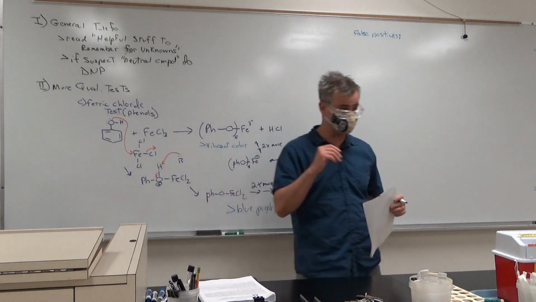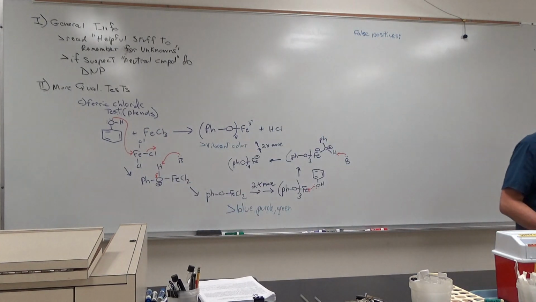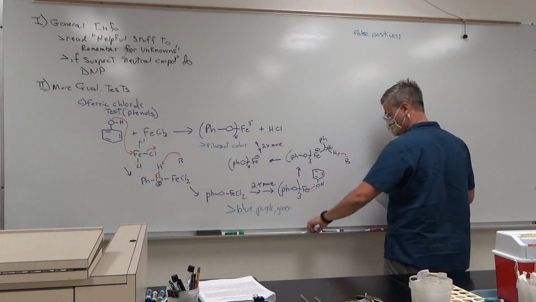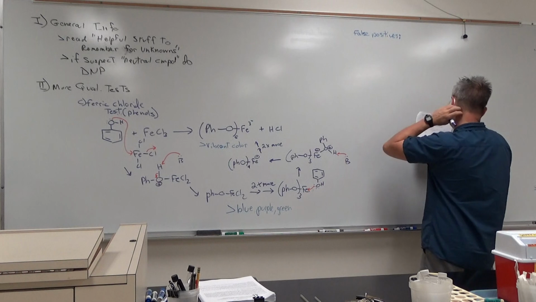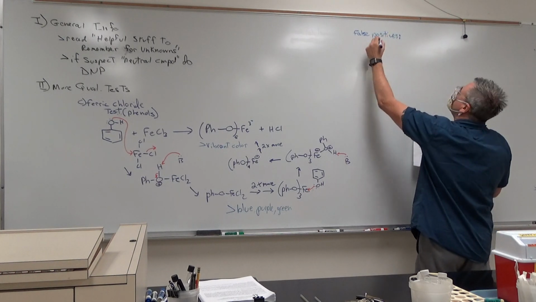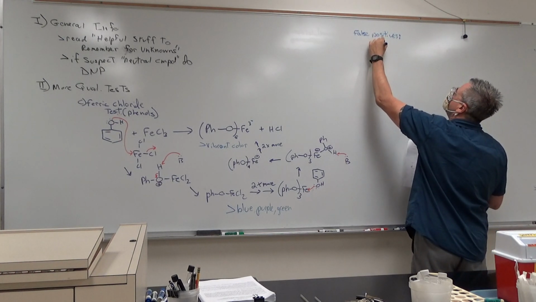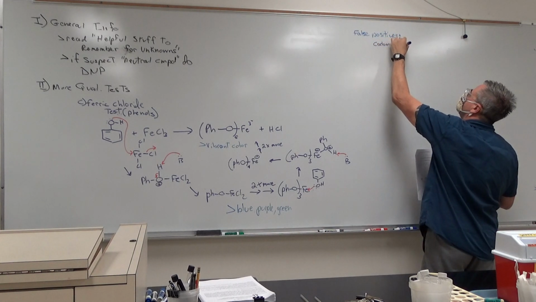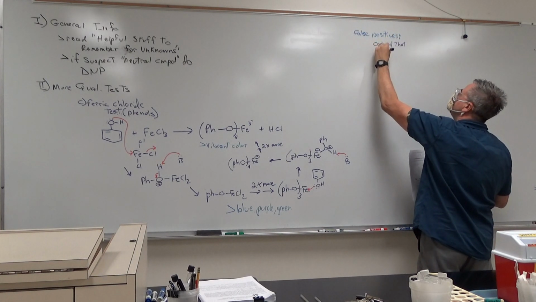Phenol is really just a subcategory of alcohol. But it's really specific to phenols. But there is one thing that looks a little bit like an alcohol. It can behave as a false positive. That is carbonyls that enolize easily.